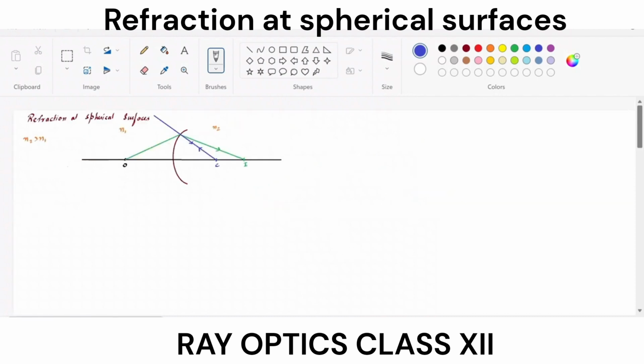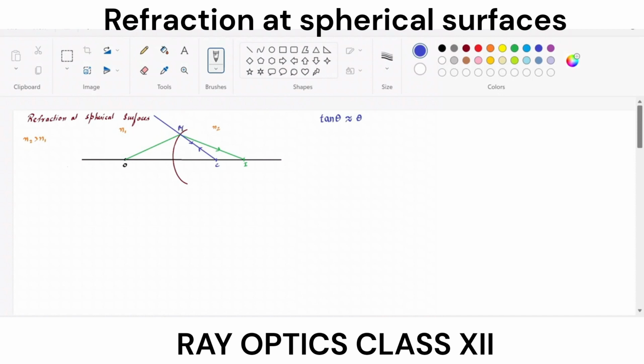Now before we proceed, there are a few assumptions we have to keep in mind while solving. First assumption is, for small angle approximation, tan theta will always be nearly equal to theta if theta is less than 10 degrees. So if the angle is small, tan theta is nearly equal to theta.